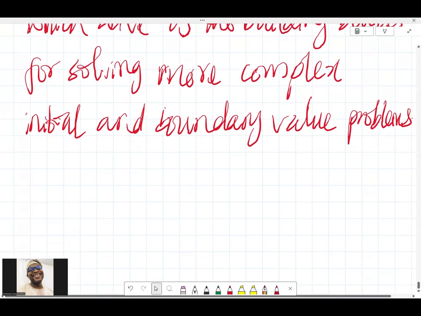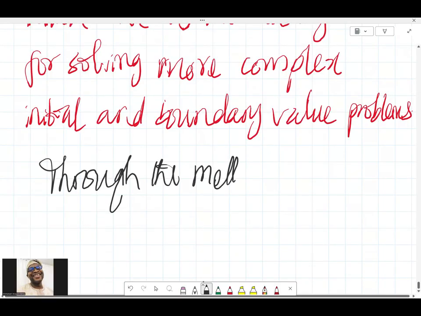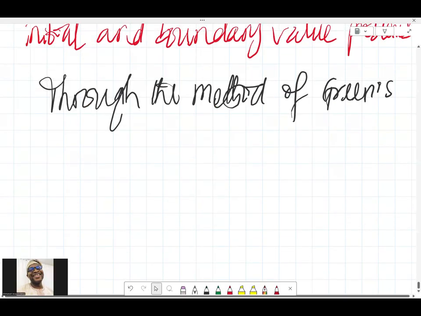Okay, through the method of Green's functions. Interestingly, I think two videos from now or three, we'll be talking about Green's functions. So watch out.